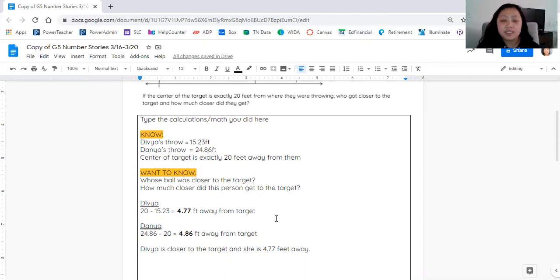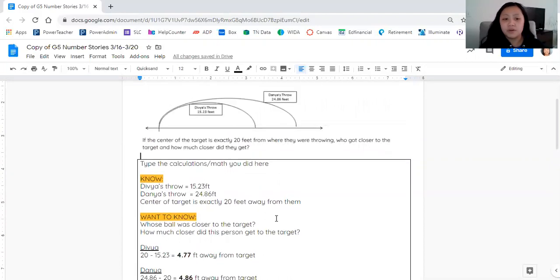So facts from the problem is that Divya's throw is 15 and 23 hundredths feet, and Danya's throw is 24 and 86 hundredths feet. And that the center of the target is exactly 20 feet away from them. So if Divya and Danya were standing right here, the target is 20 feet away from them. We don't know exactly where that is, but we know there's 20 feet between this and wherever the target is.